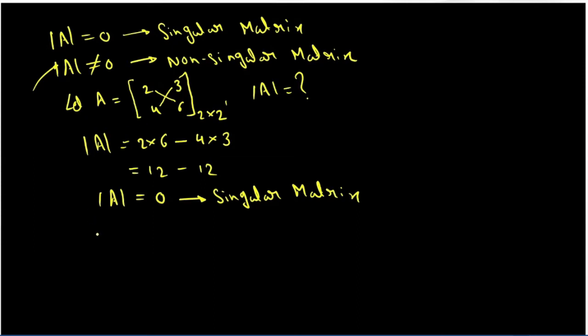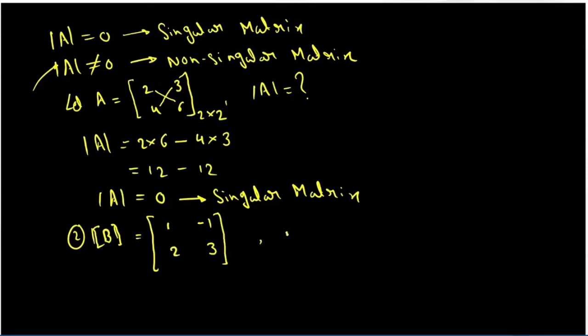Suppose I have another matrix, this is my second question. So matrix B is given as 1, minus 1, 2, 3.